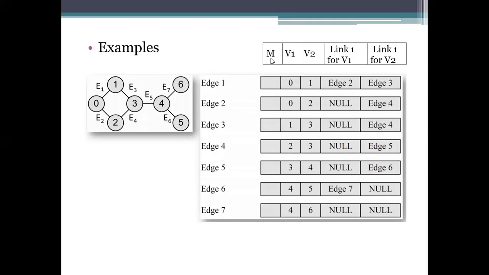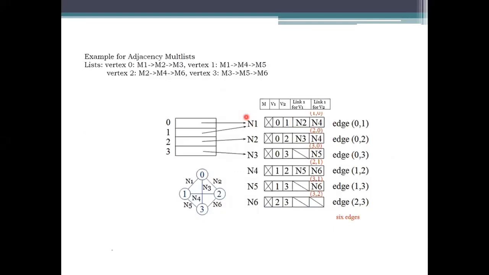And coming to another example here. First specify the adjacency multi-list. How did I come to know the multi-list will be there? To which it is connected, we specify in the multi-list. So how many edges are there?